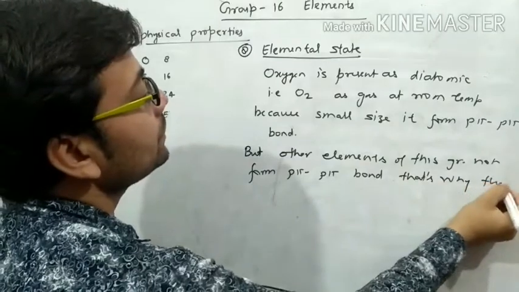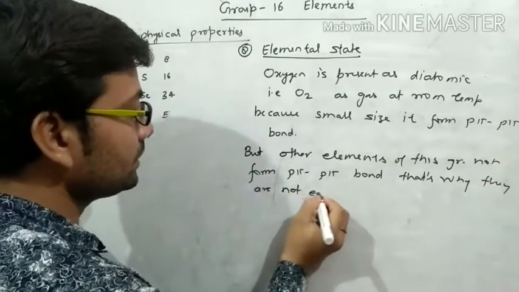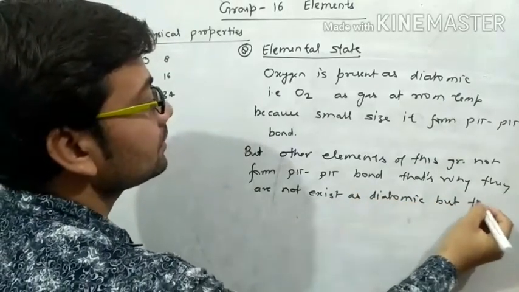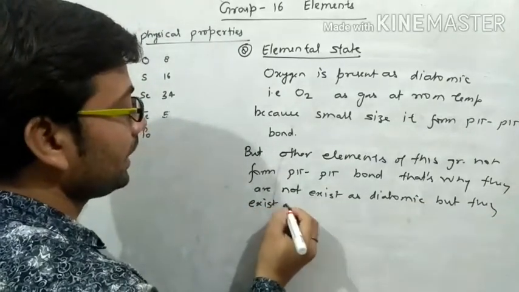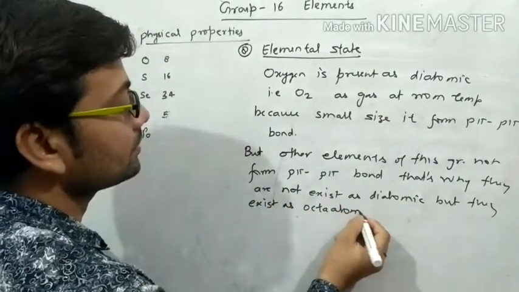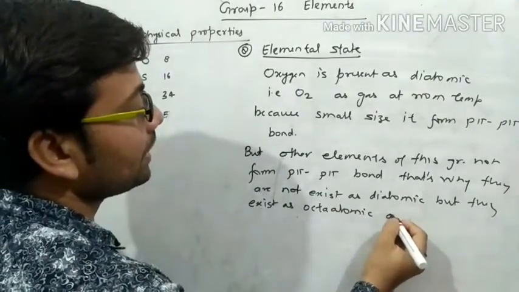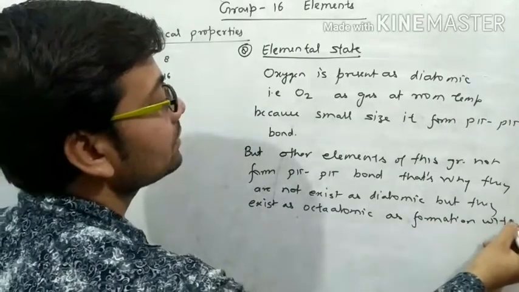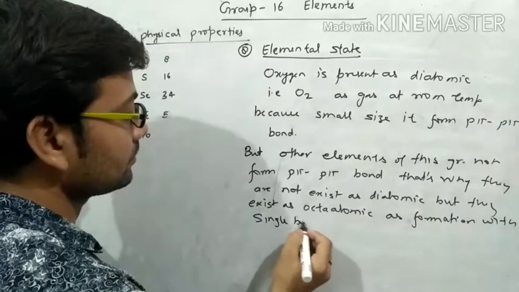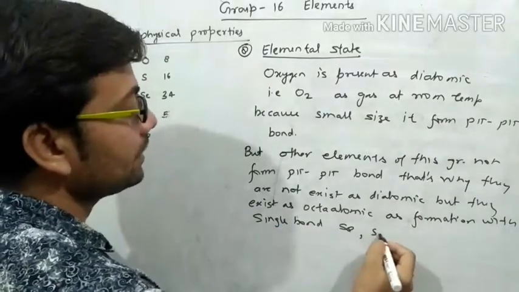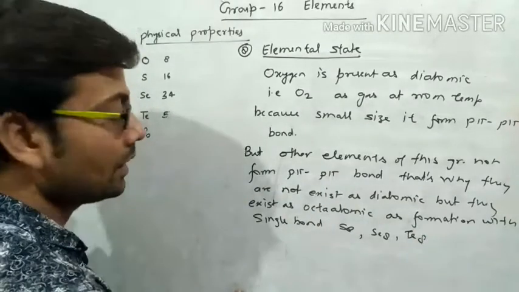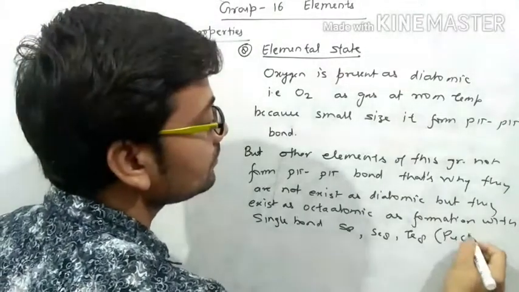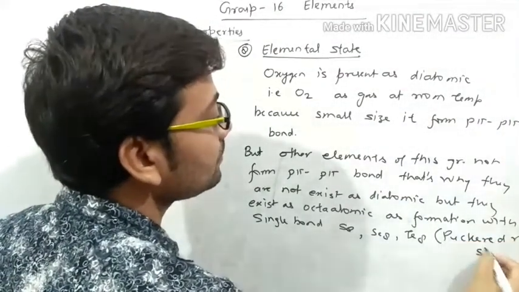That's why they do not exist as diatomic, but they exist as octatomic with single bonds, like S8, Se8, Te8, and they have a puckered ring structure.